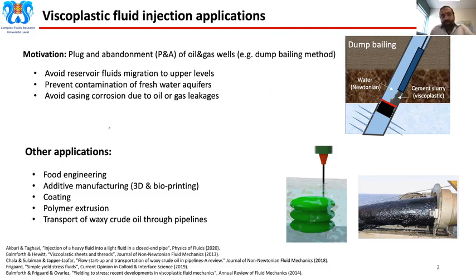In addition to this process, there are numerous other applications where viscoplastic fluid injections appear, for example, in food processing, additive manufacturing, coating, polymer extrusion, and transport of waxy crude oil in pipelines. So the aim of this talk is to provide a fundamental understanding of this injection, and basically provide a view of what's going to happen in the case of viscoplastic fluids.